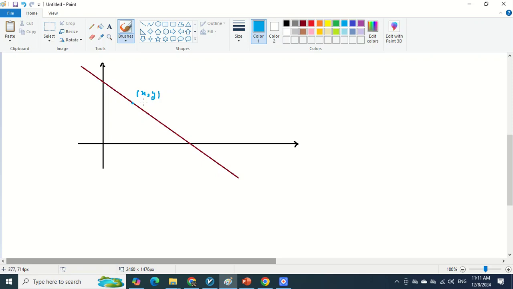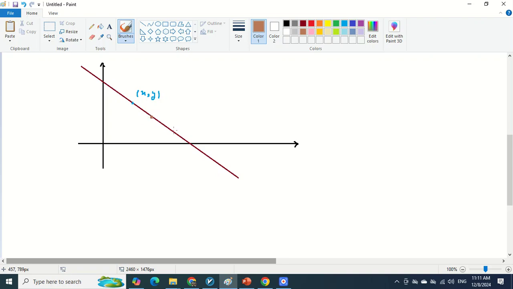In other words, when we consider a point like x and y on the line, there is some relation between the first component and second component of that point, and we are looking for that relation over the given line. If I consider 2 points in a space, then I can make one unique line that passes through those 2 specific points.